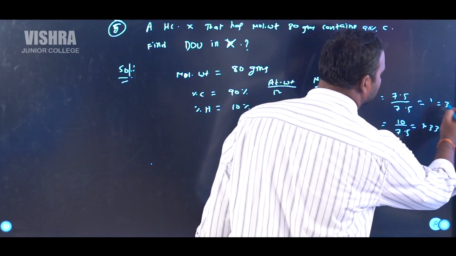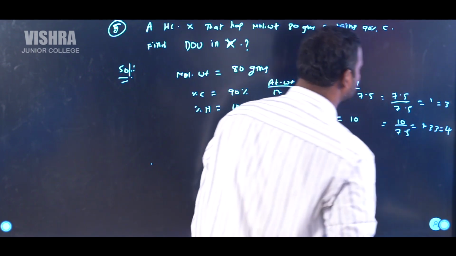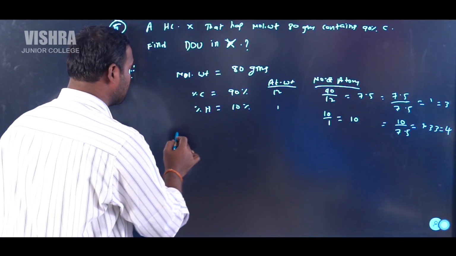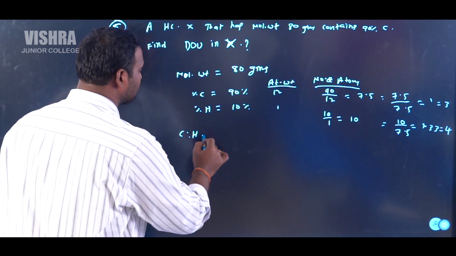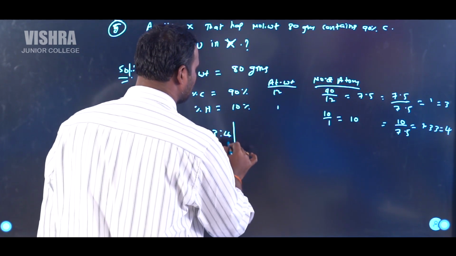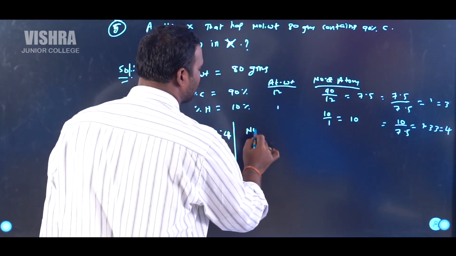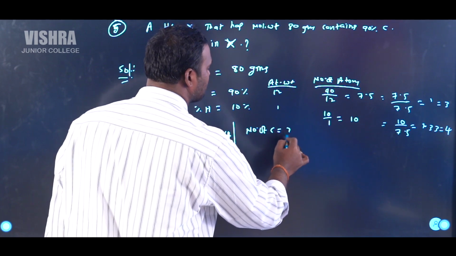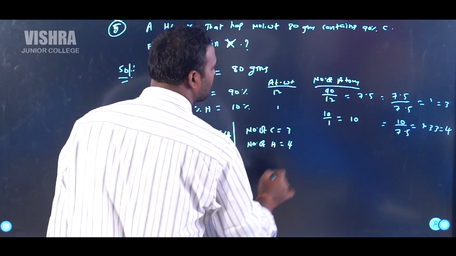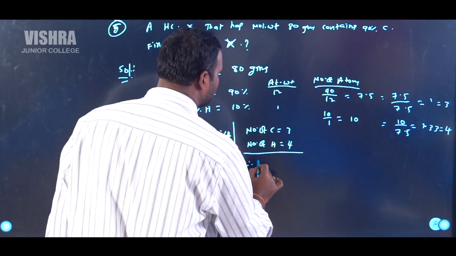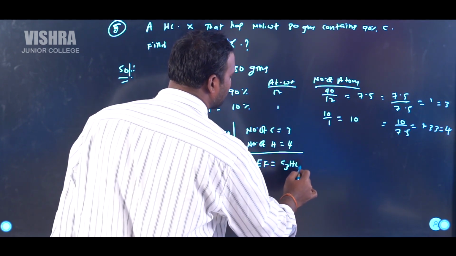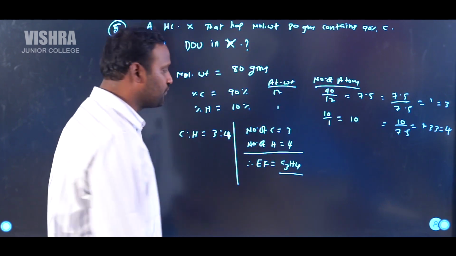So the ratio between carbon and hydrogen is equal to 3:4. That means number of carbon atoms is equal to 3, number of hydrogen atoms is equal to 4. So therefore empirical formula is equal to C3H4.